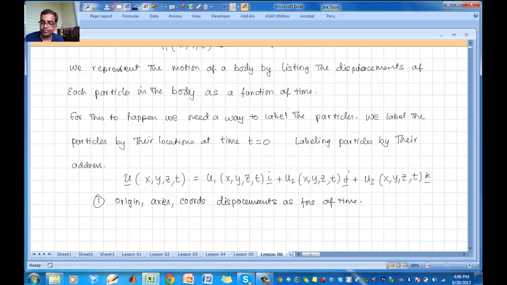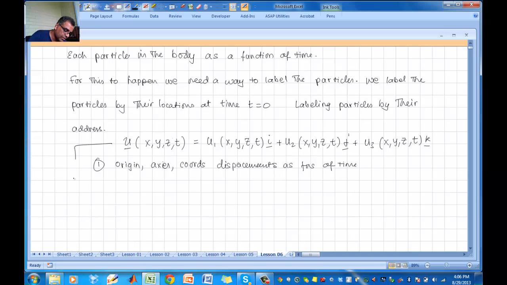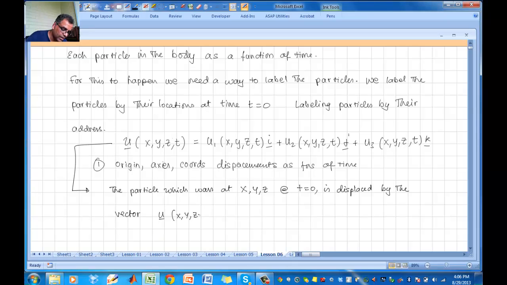So the verbal meaning of this displacement is that the particle which was at x, y, z at time t equal to 0 is displaced by the vector u of x, y, z, t at time t.